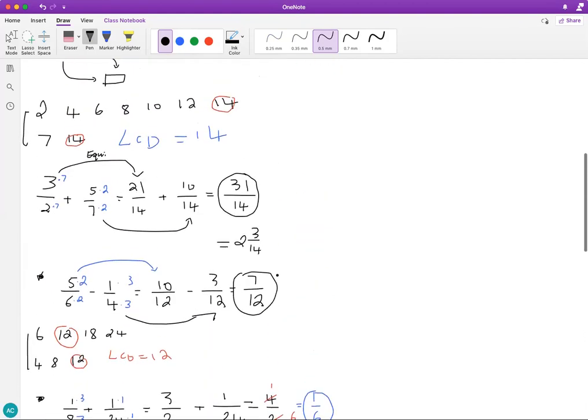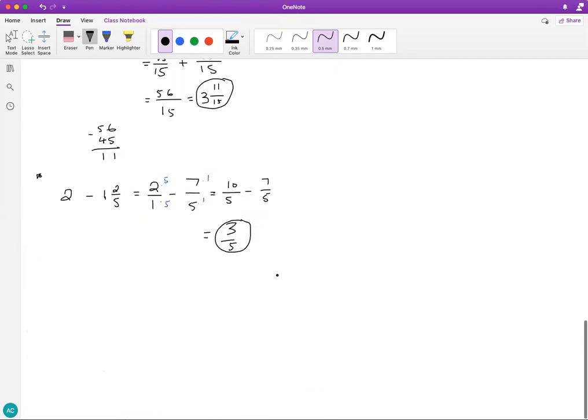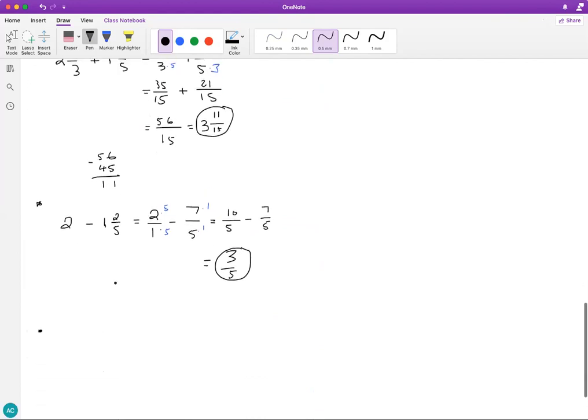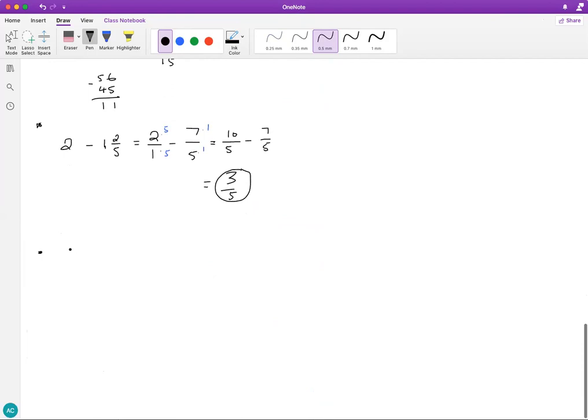Okay, and that's basically how you add and subtract mixed numbers, fractions, whole numbers, anything, whatever you have. Let's do one more example here, probably another subtraction with mixed numbers.